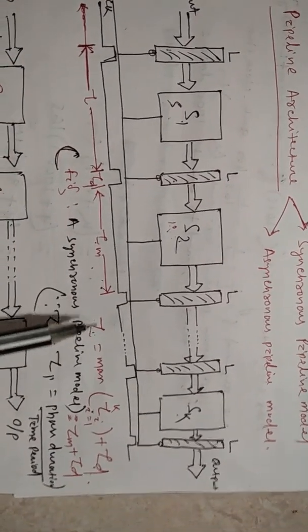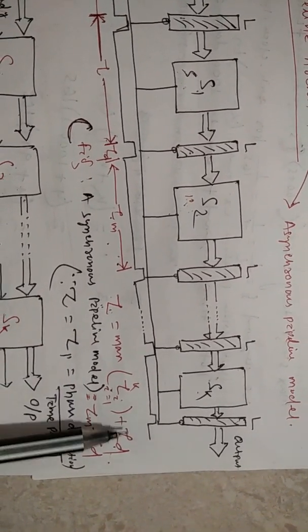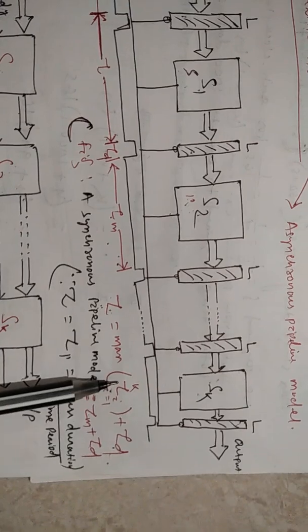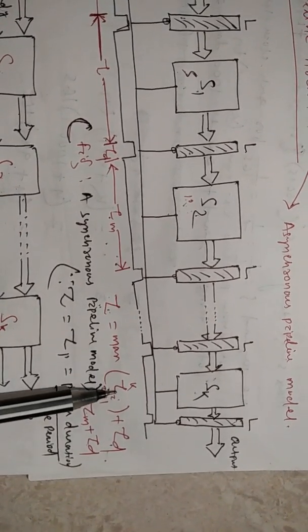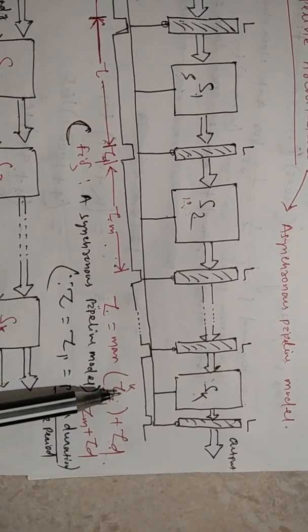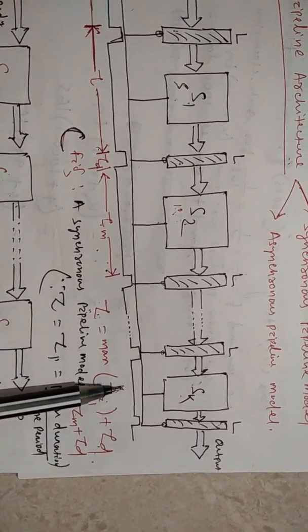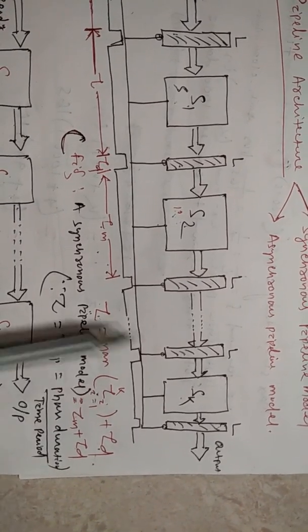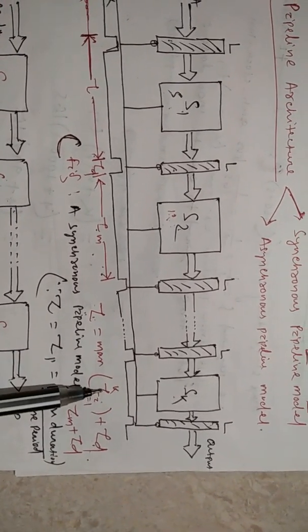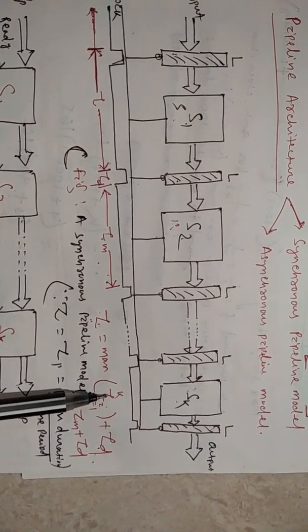So tau is equal to the maximum phase duration plus latch delay. The maximum phase duration is the maximum of tau i for i equal to 1 to k, meaning among all k phases, from the first up to the kth phase, we have to take the maximum phase duration to calculate the time period.